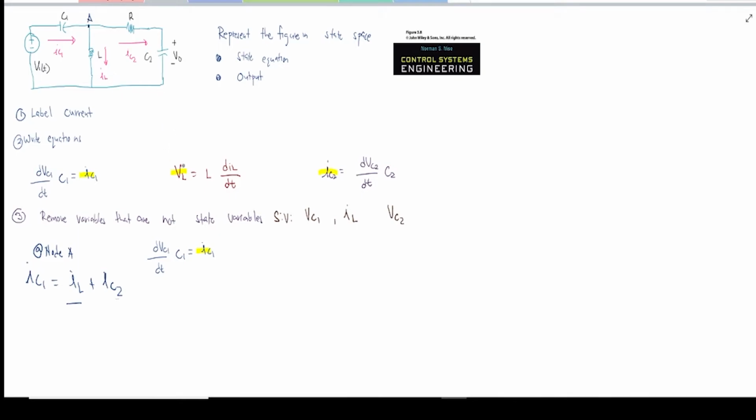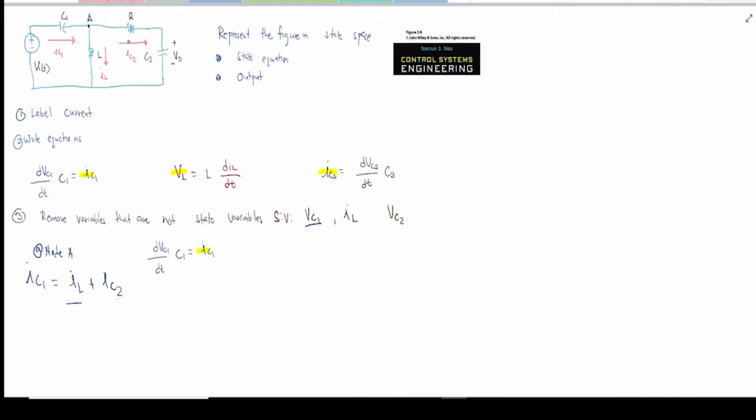Okay, so let's try to loop the outer circuit. If we loop this outer circuit, we have our input, which is part of the state equation, so we don't have to worry about this. VC1 is a state variable. Okay, good.